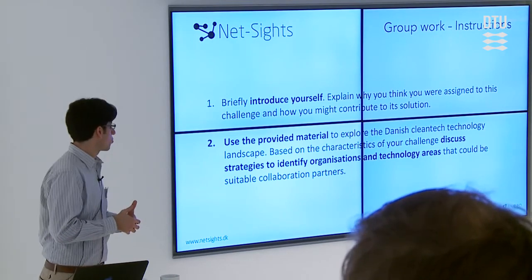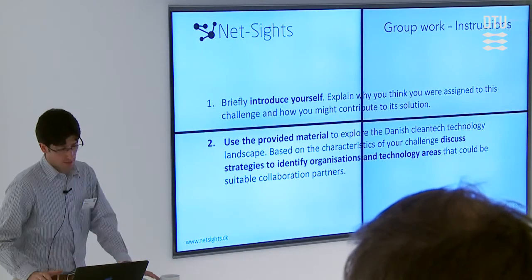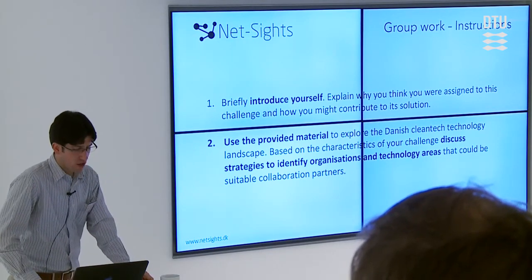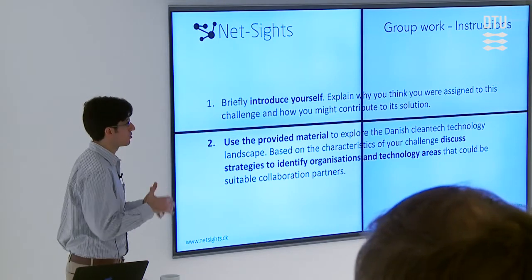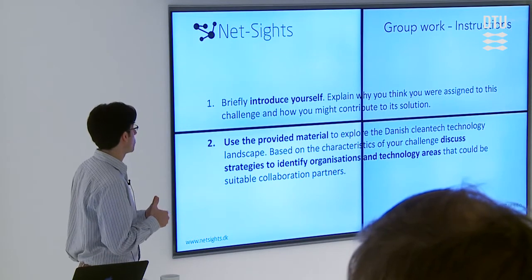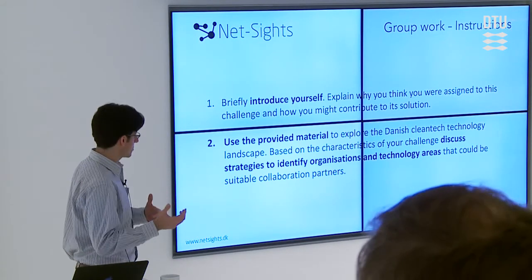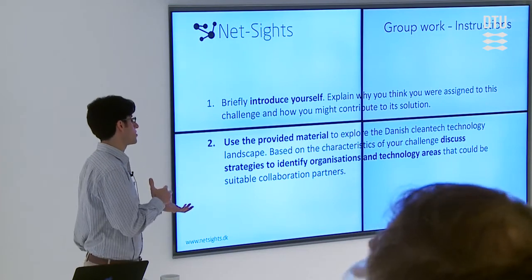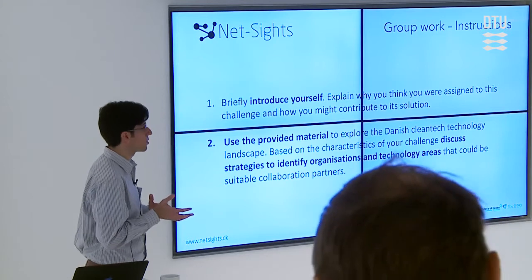And second, we will provide you an A3 paper with a couple of network graphs, and you can use that, what we heard today, and what you already know from your background to explore this Danish clean tech technology landscape. Based on the characteristics of your challenge, discuss strategies to identify organization and technology areas that could be suitable collaboration partners.